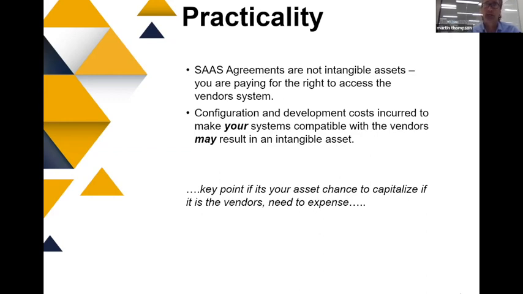So the key point in the whole consideration around software as a service is that there's not a question about whether you would capitalise your software as a service costs, but there is ambiguity around costs that you incur in configuring your systems to work with the vendor's systems.